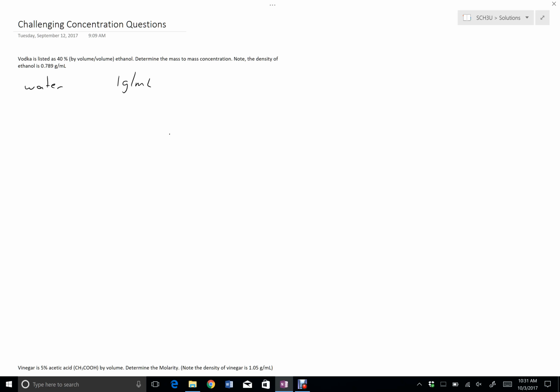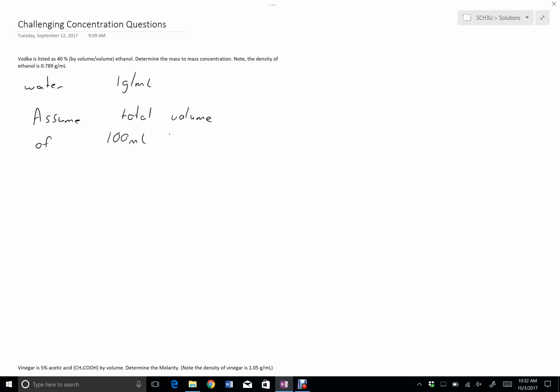So let's see what I mean here. I'm going to assume a total volume of 100 milliliters. Again, if that's the concentration for 100 milliliters, it's the concentration for 10 or 1,000. So this is just an arbitrary choice that I'm making.